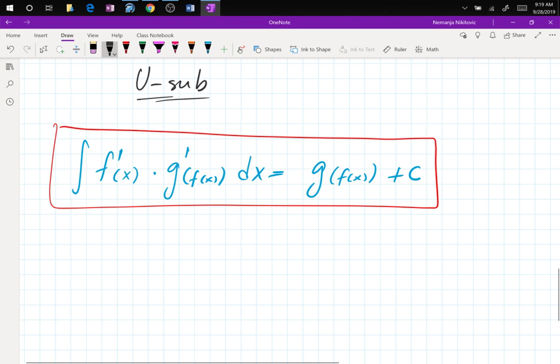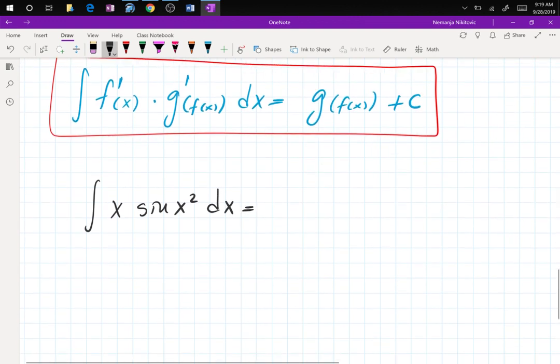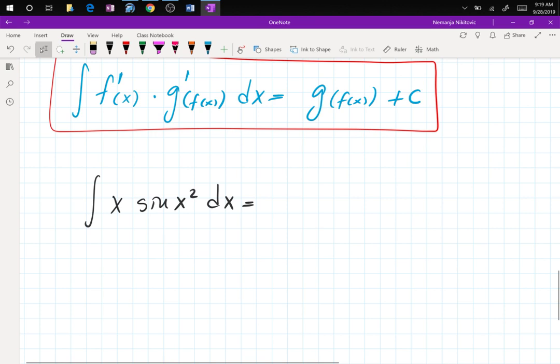So we have, let's say, x sine x squared dx as a problem. And this is where you really see that you are going to have to find what we call a function derivative pair. You are looking for two functions where one is the derivative of the other.